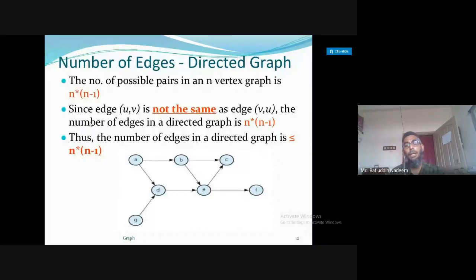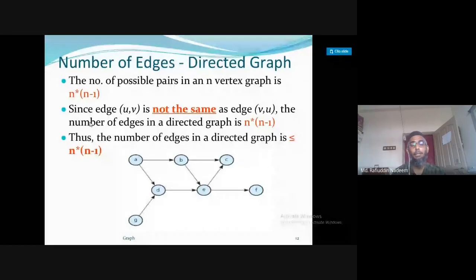It may be less or more, but there will be at most n into n minus 1 edges in case of a directed graph.